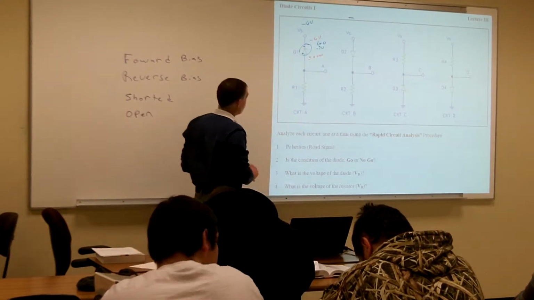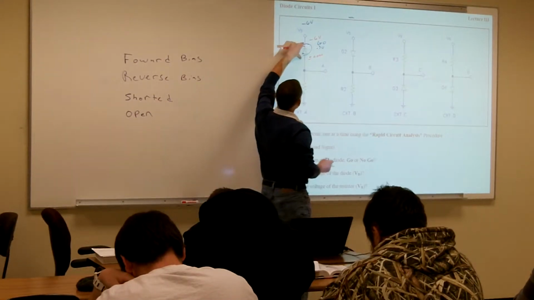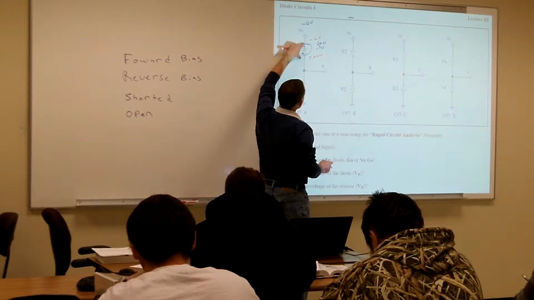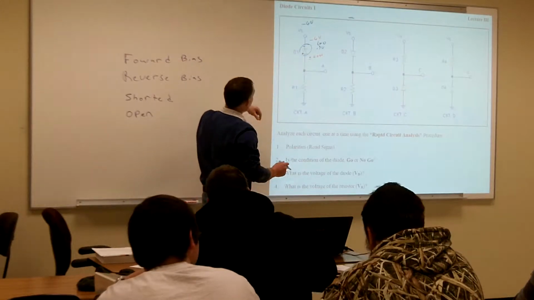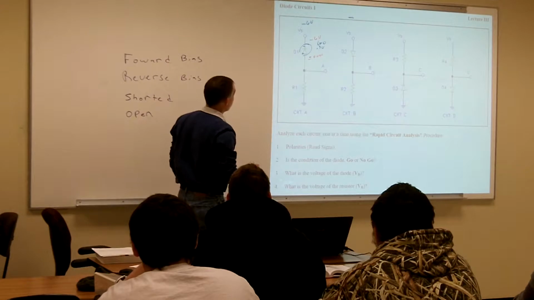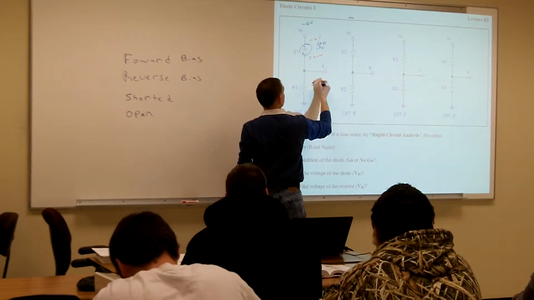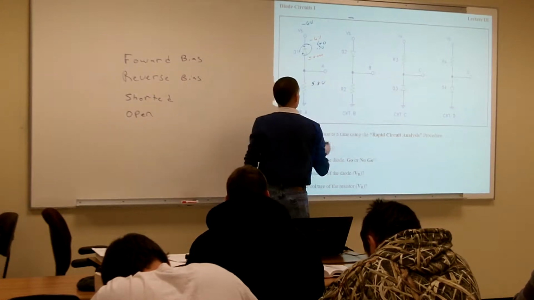Once you give the diode its voltage, what's going to drop across R1? 5.3 volts. Yep. Just remember, voltage drops have no polarities.